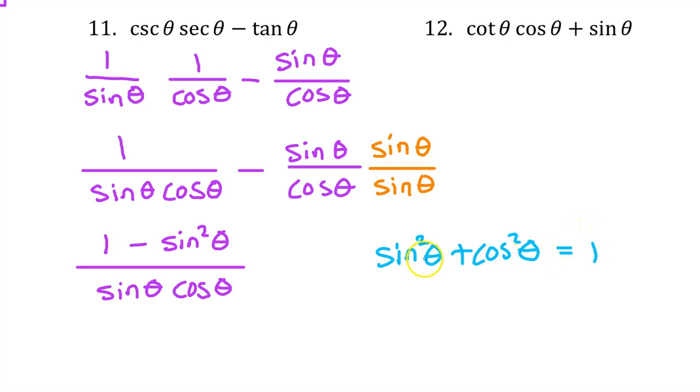Subtracting sine squared theta from both sides gives us cosine squared theta is equal to 1 minus sine squared theta. So, you see we have the 1 minus sine squared theta in the numerator. This will be equivalent to cosine squared theta.